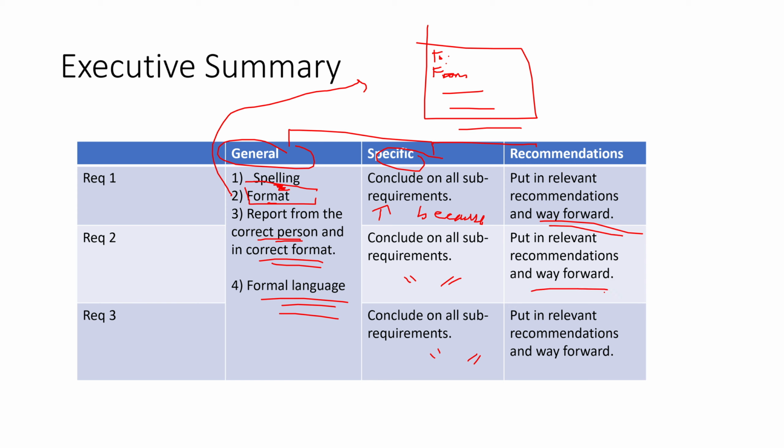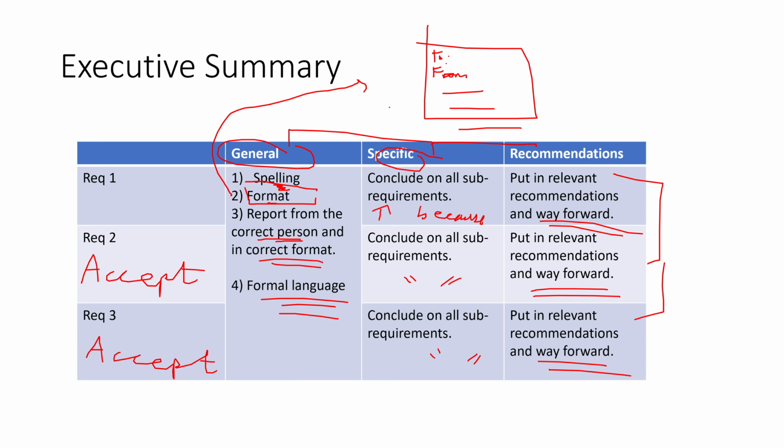Way forward. Okay, and put in any other relevant recommendations you can think of. So requirement 2 is whether we accept the proposal or reject. Accept, reject. Okay, so that's basically it really.